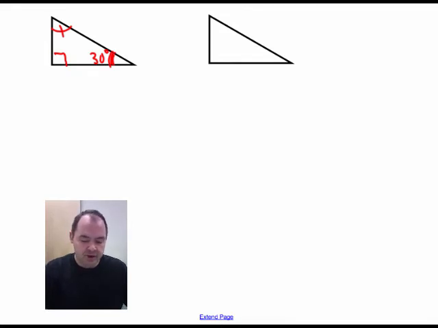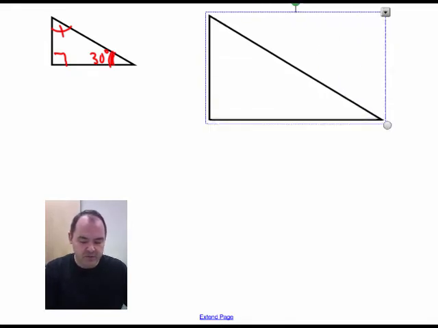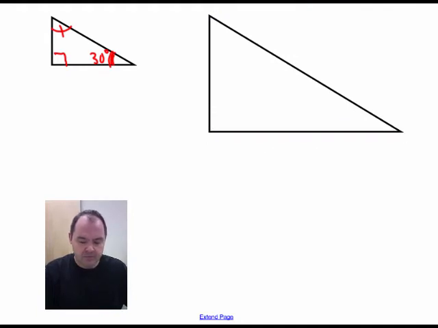However, you might also draw a triangle that was a little bit bigger, because in expanding this I still have an angle down here which is 30 degrees. This is still 90, and this is still 60.